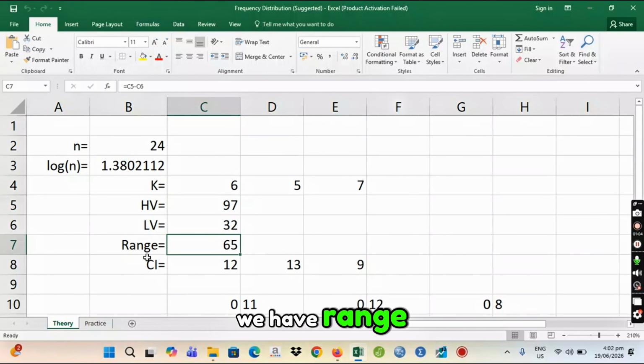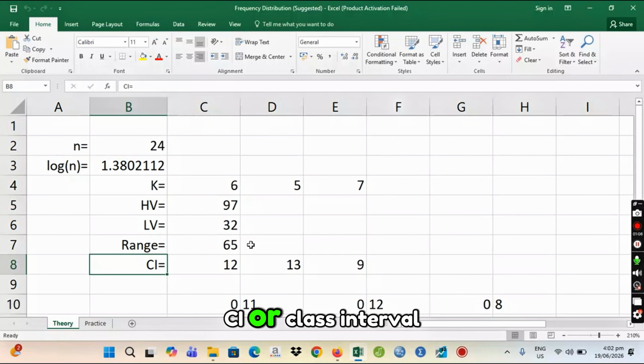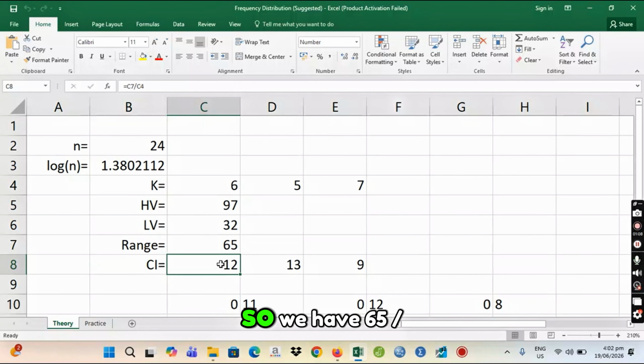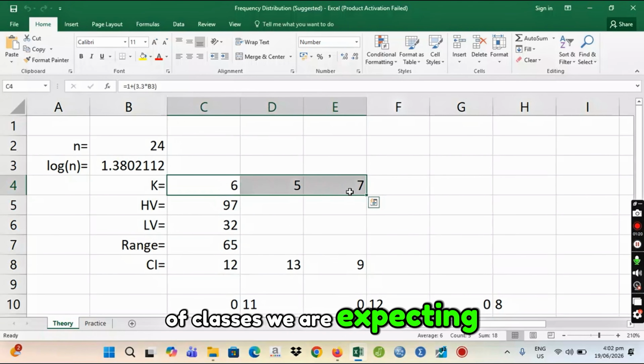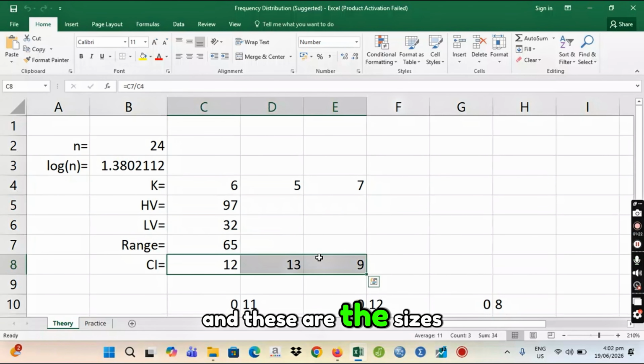Since we have the range now, we can compute the CI or class interval. So we have 65 divided by 6 is 12, 65 divided by 5 is 13, and 65 divided by 7 is 9. These are the number of classes we are expecting, and these are the sizes.